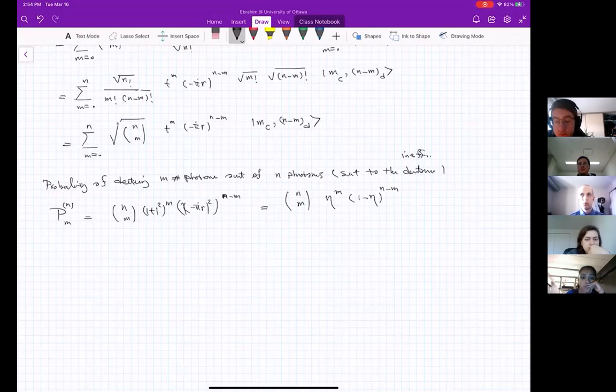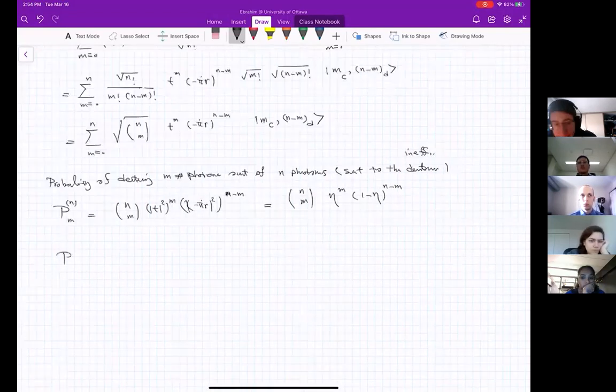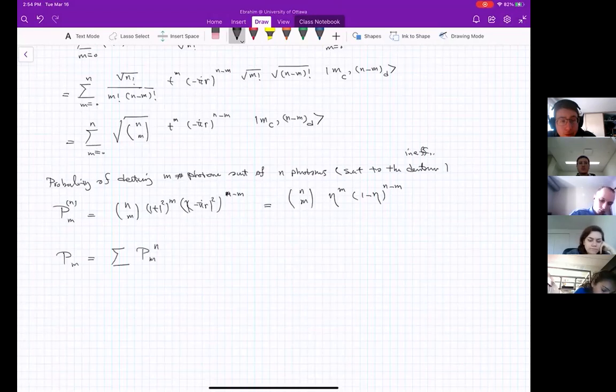Okay? If you do so, then the total probability of detecting m photons, summing over all n possibilities, will be given by the summation of P_mn multiplied by rho_nn, and then summing over n possibilities to infinity, where n must be greater than m, because I'm looking only for the cases in which I can detect m photons.